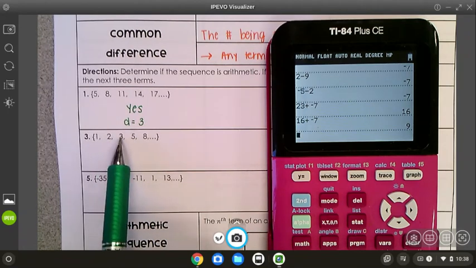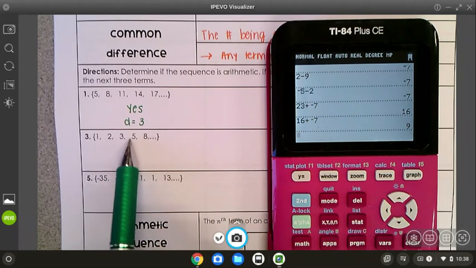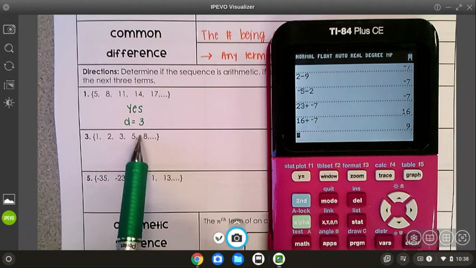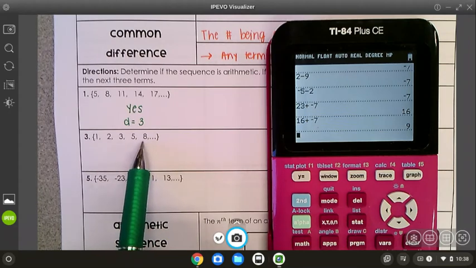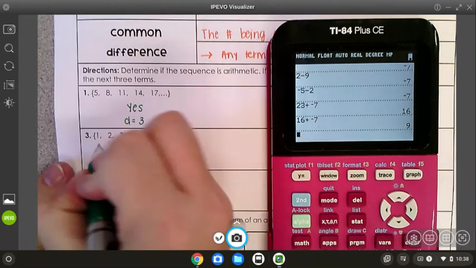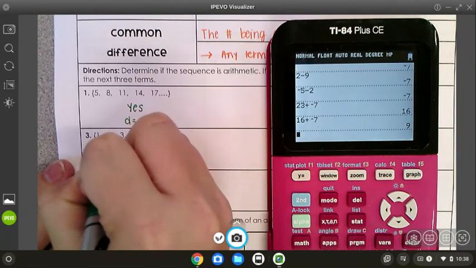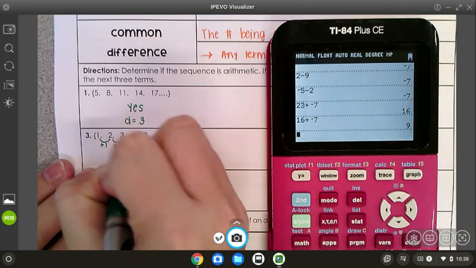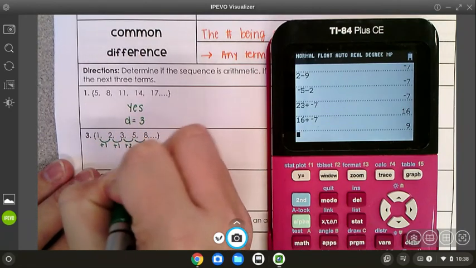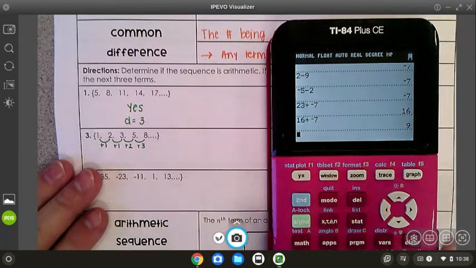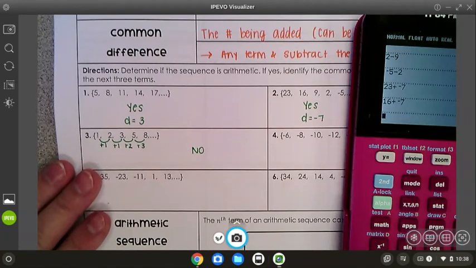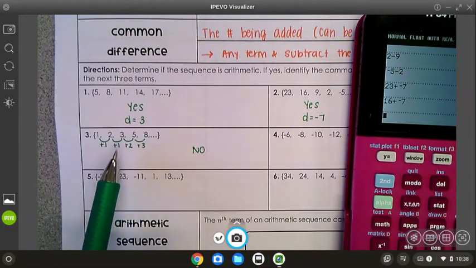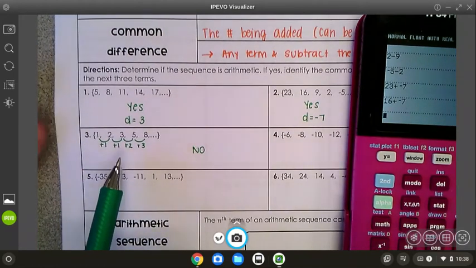If I was adding 1 every time, my next number should be 4, and then the next one should be 5, but it's not. This is really plus 1, plus 1, plus 2, plus 3. So this one is not arithmetic. You have to add the same number every time.